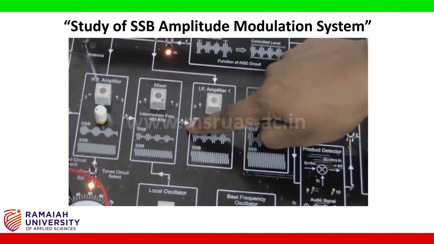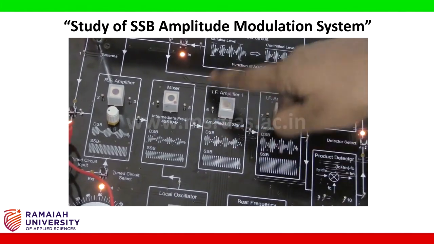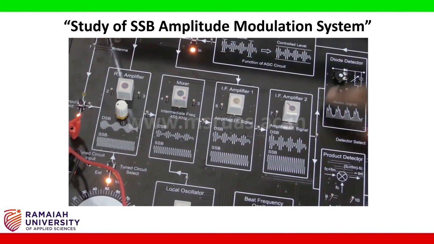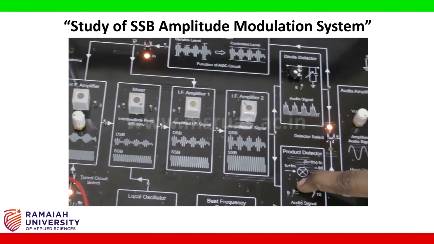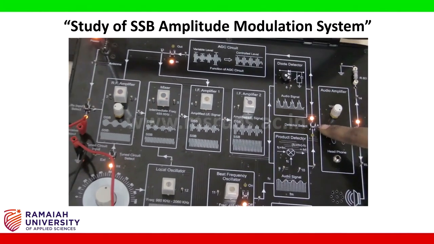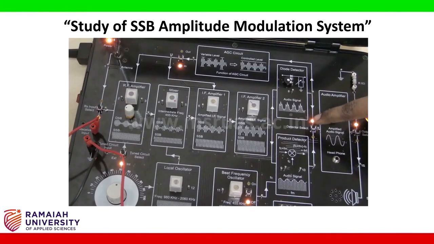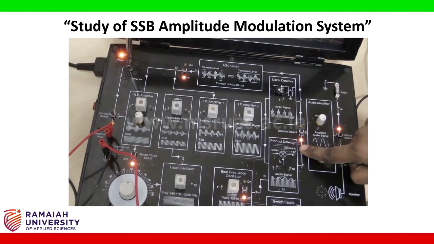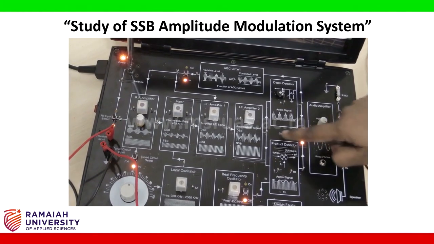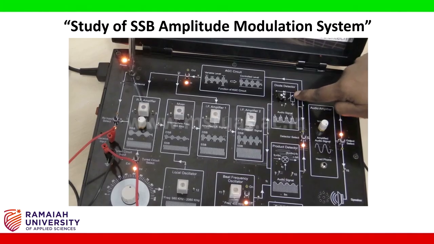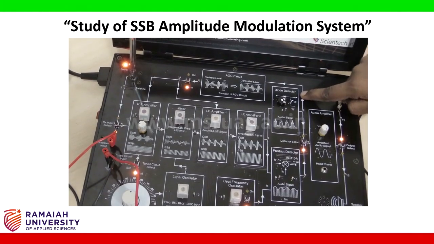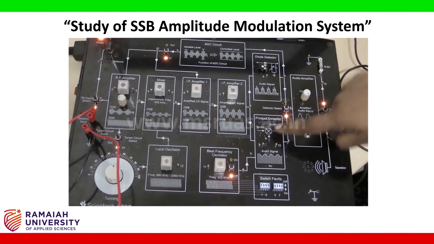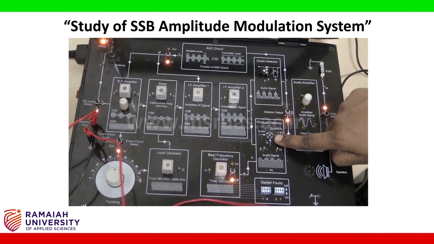The IF amplifier amplifies this in 2 stages, and the output goes to either the diode detector or the product detector, which can be selected using this switch. So press the switch such that the product detector gets selected. For SSB demodulation, we use the product detector. We can't use the diode detector because it is envelope based, and in SSB our envelope is constant, so we can't use it. The product detector indeed can serve as a detector.